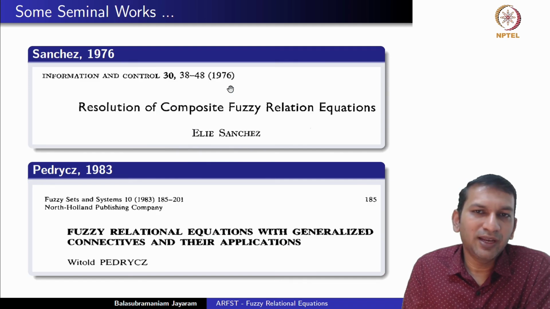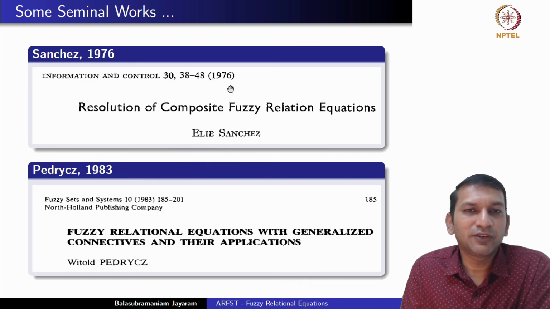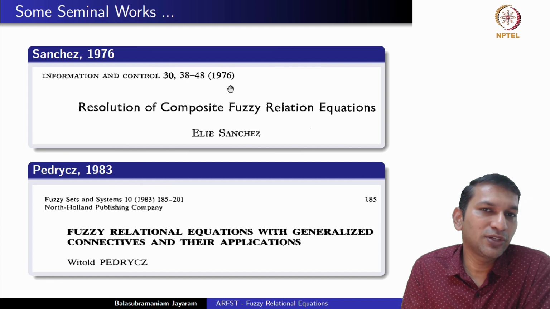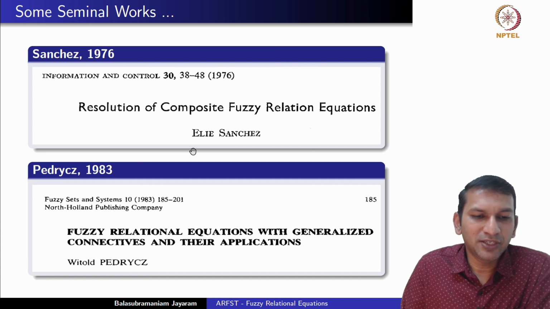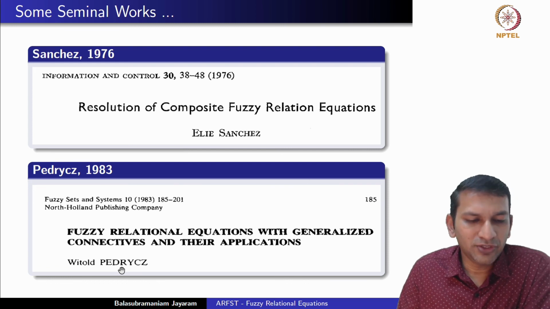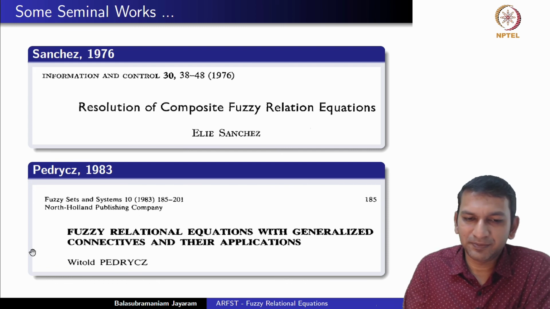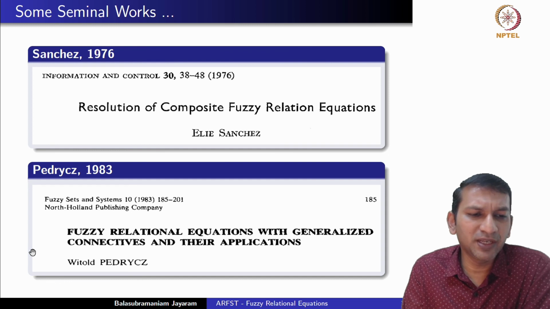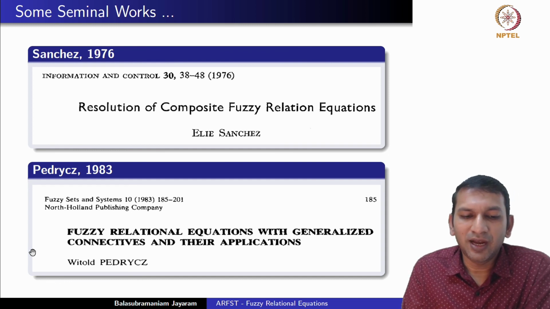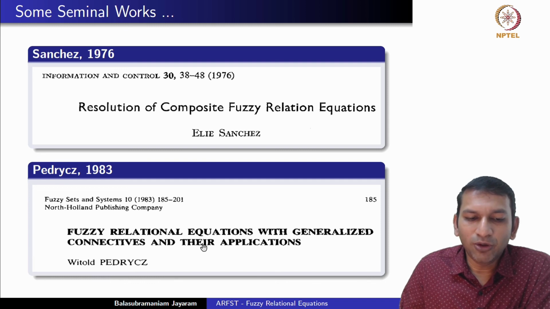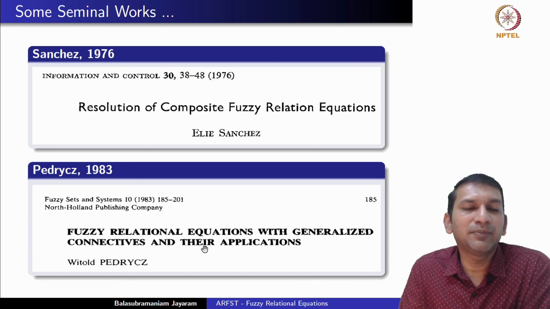We would also like to highlight some seminal works related to fuzzy relational equations: the one by Sanchez way back in 1976, and the work by Pedrycz way back in 1983. These are two seminal works which dealt with fuzzy relational equations, and as you can see, they also give an inkling as to where they can be useful.